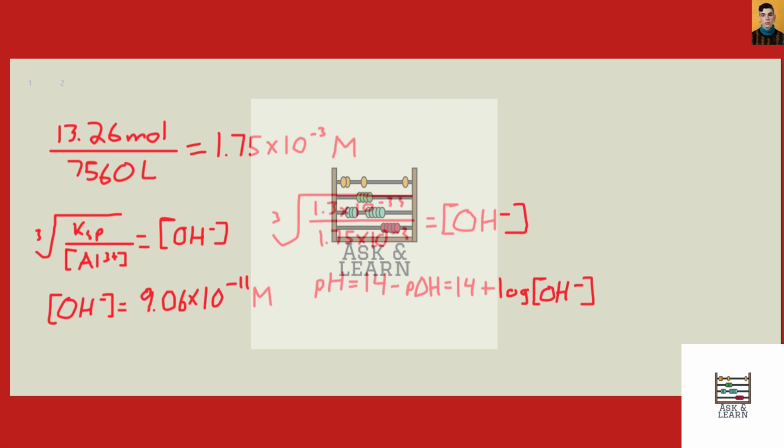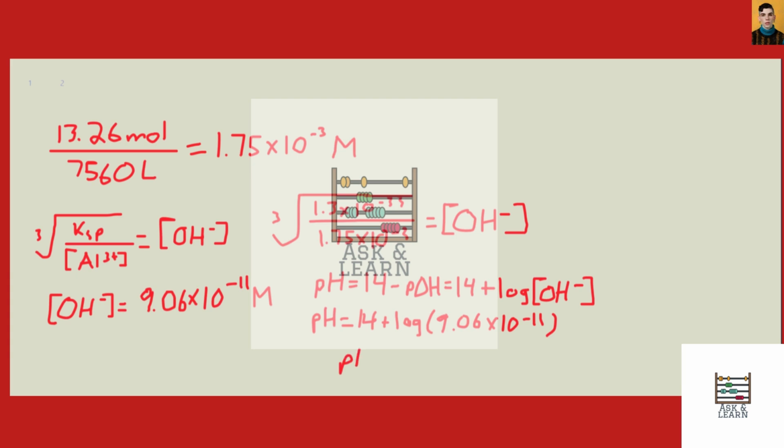So now pH is going to equal 14 plus the log of the OH concentration, 9.06 times 10 to the negative 11th.